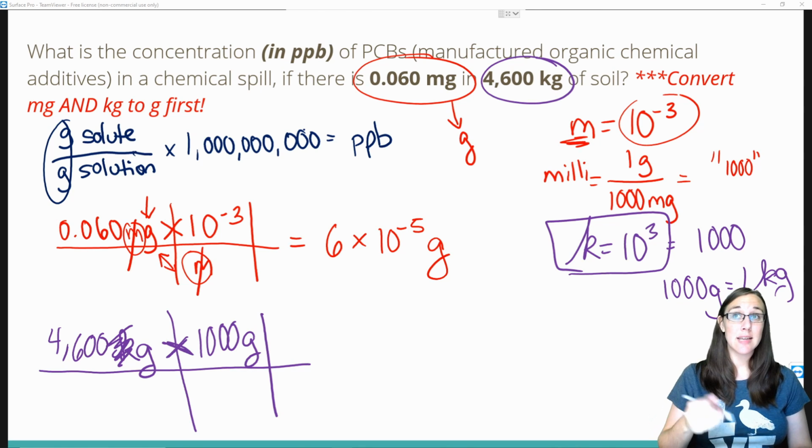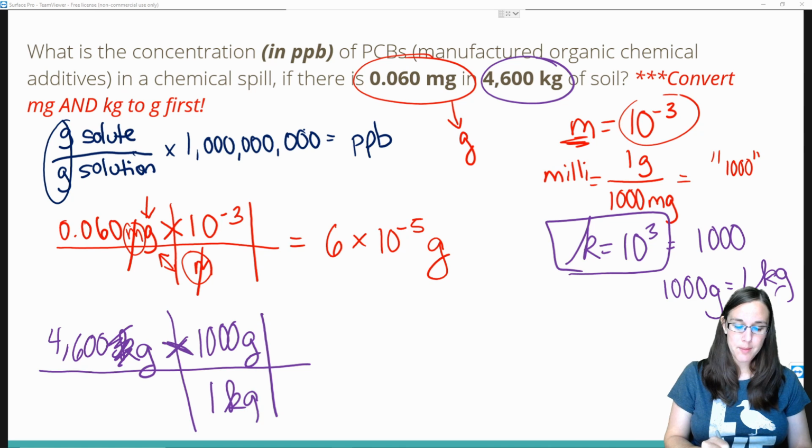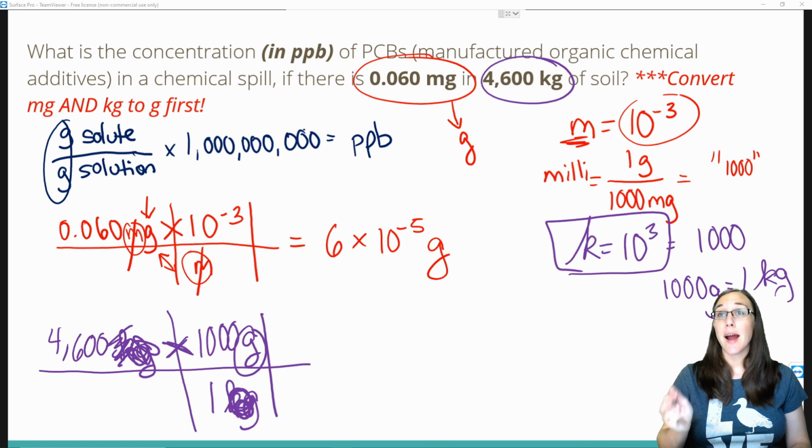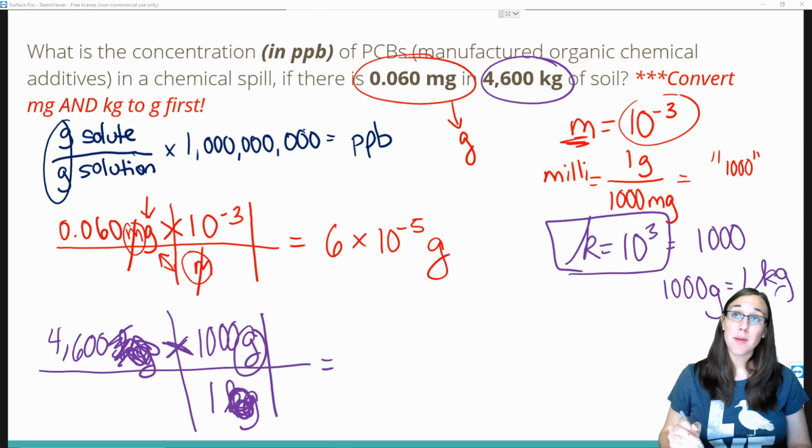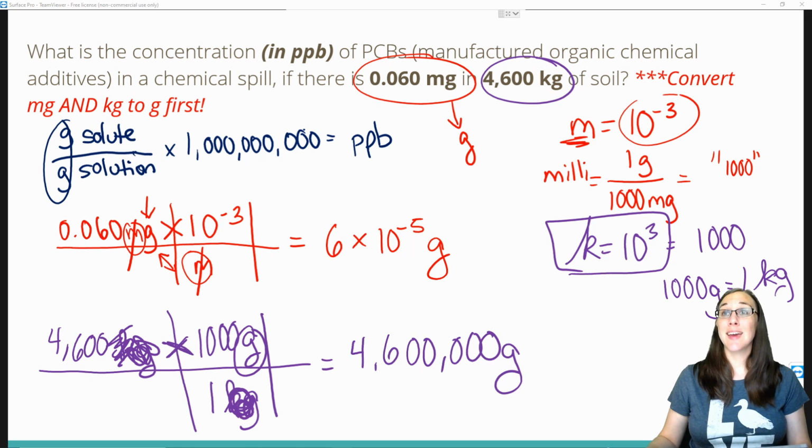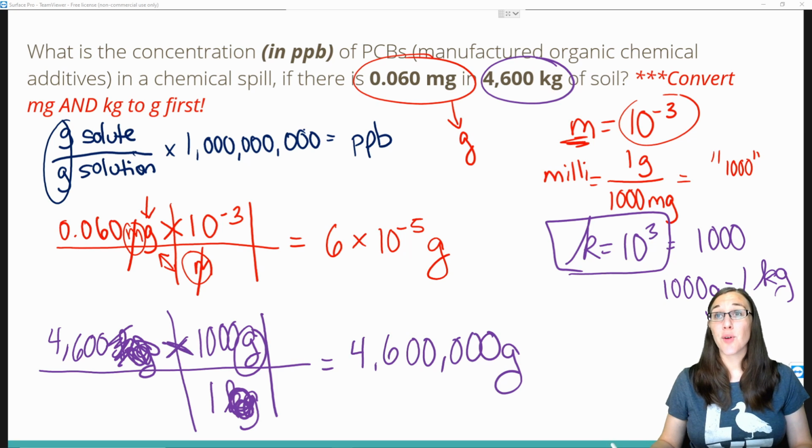Goal goes on top, so grams goes on top. And that's equivalent to 1 kilogram in the bottom, in which case you'd get rid of the whole kilogram unit and be left over with the gram there. Either way, you get the same answer. In this case, if we multiply 4,600 by 1,000, we should get 4,600,000 grams. Excellent. So now we have converted our milligram and kilogram to grams.